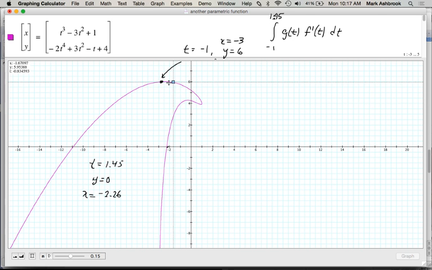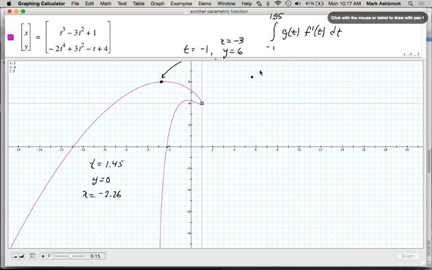So what we can do to figure out what this is going to give us is we can break it up. We can take this first part until it starts turning back to the left again. And when is that? Where does it start turning back to the left? That was when t equals 0, right? So we're going to figure out what this gives us, we're going to break it up into two integrals. We're going to go -1 to 0 of y, right?